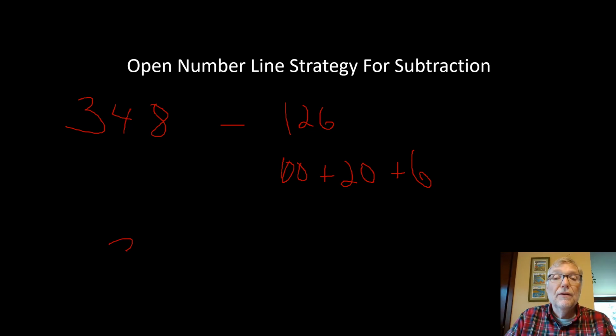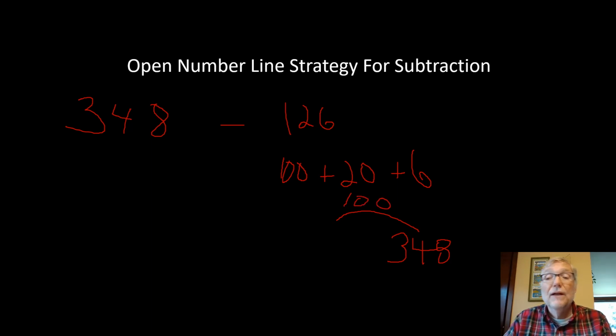Now I'm going to start over here at 300. Sorry, I'm not going to start there because I'm going to need some room, so I'm going to erase that. So I'm going to start over here. We're going to put 348. I'm going to start in the hundreds place, and we're going to subtract 100. So when I subtract 100, I get 238.